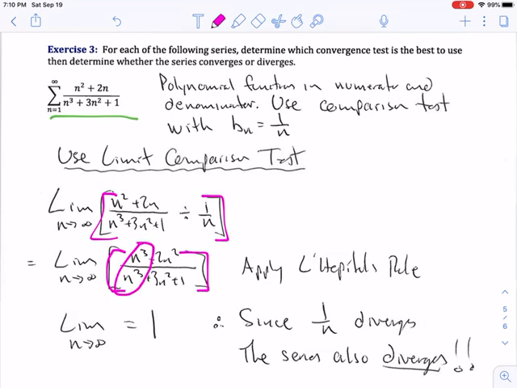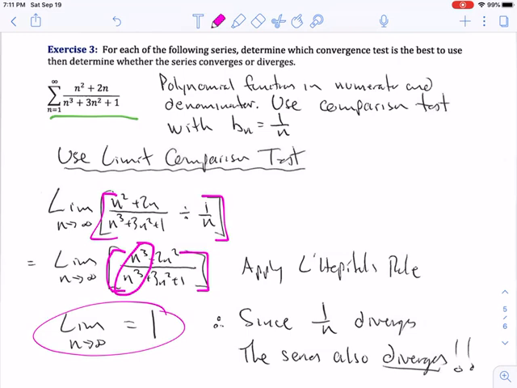As n gets infinitely large, with a polynomial in the numerator and a polynomial in the denominator, the only term that matters is the leading term, the highest powered term. Everything else becomes inconsequential. So n cubed over n cubed is 1. No matter how you do it, you're going to find that the limit is equal to 1.